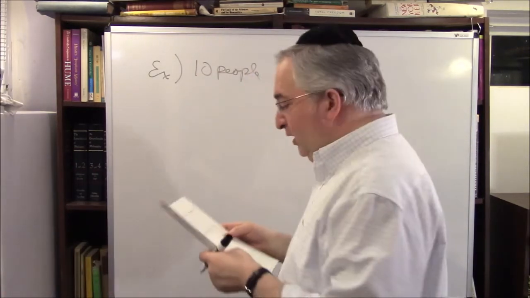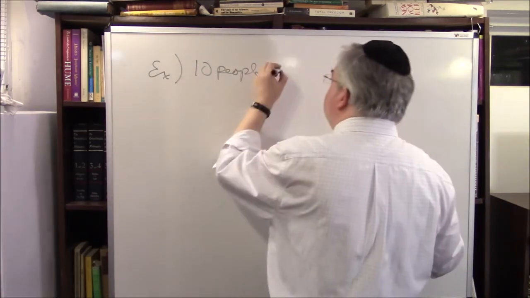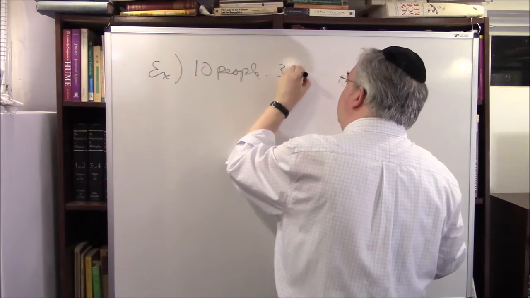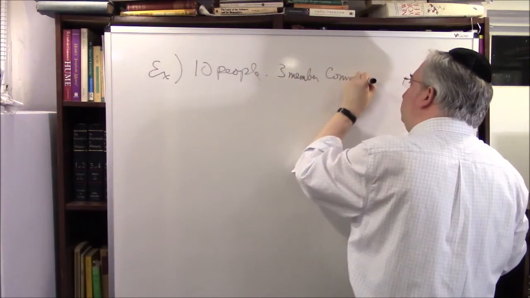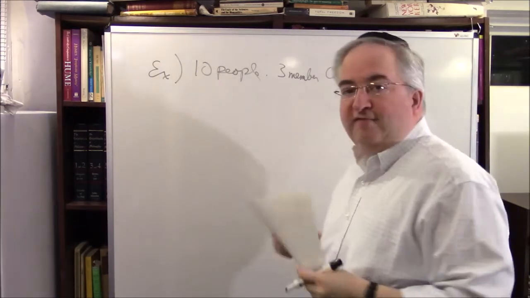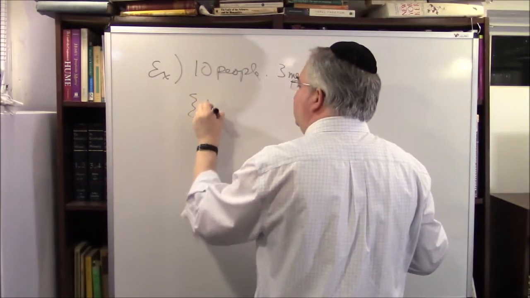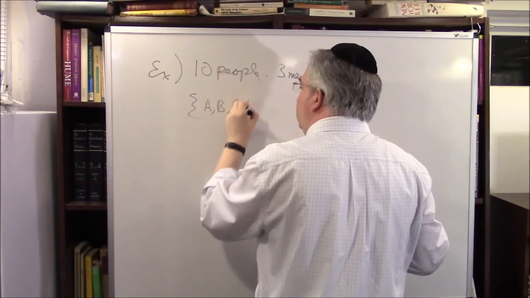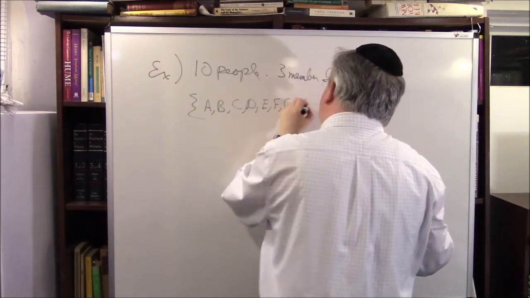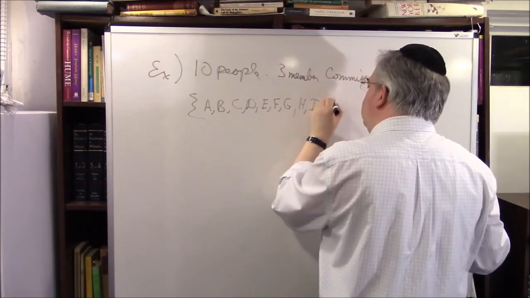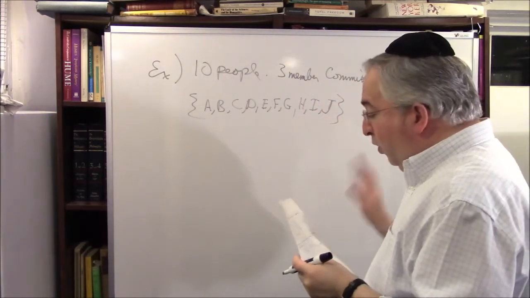So, let me just do this a little bit more carefully. I have a 3-member committee. You might think of this set as A, B, C, D, E, F, G, H, I, J. J is 10, here's 10 people. But I want to do the following.